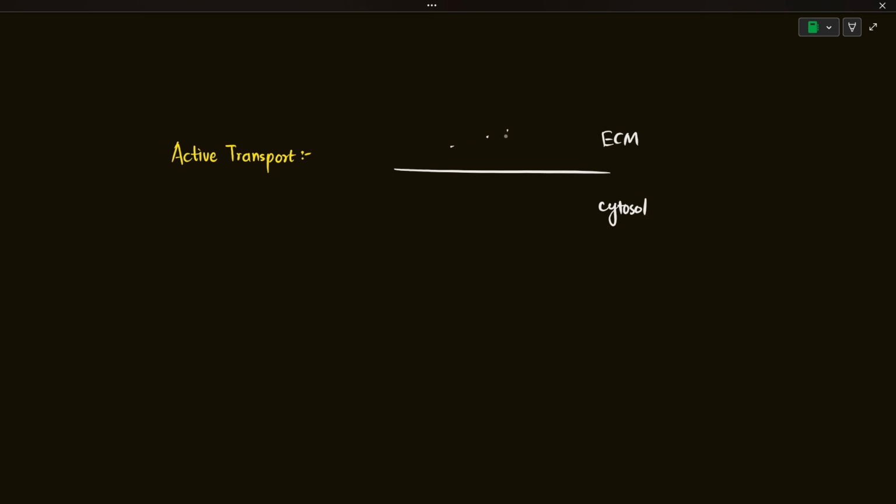There are solutes in the extracellular matrix, and we are assuming that this plasma membrane is permeable to this particular solute, which in this case is sodium ions. If this membrane is permeable to sodium ions, by the basic nature of molecules, sodium ions would want their concentrations to be equal on both sides of the membrane. That is the basic nature of the molecules, right?